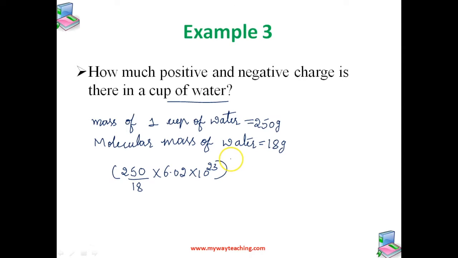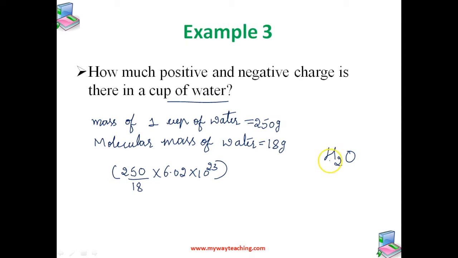Each molecule of water contains 2 hydrogen atoms and 1 oxygen atom, isn't it? That is 10 electrons and 10 protons, and hence a total positive and total negative charge.